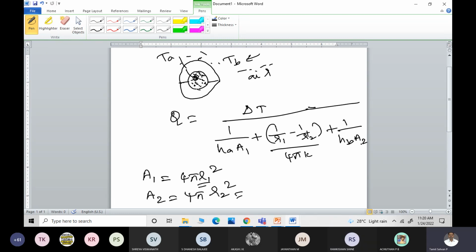Don't think that sir is just writing some expressions. Are all of you able to understand this? I have completed around 50% of module 2. Are you able to understand composite wall, cylinder and sphere? Yes, sir. Because this is the easiest topic in this module.